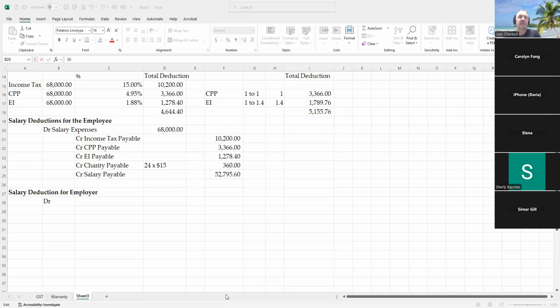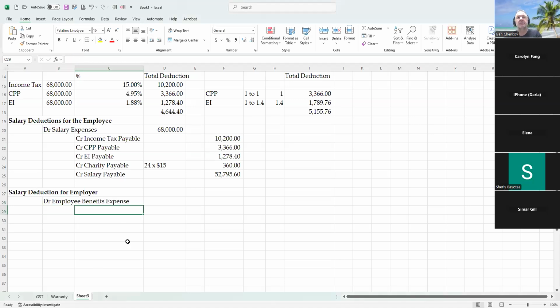Let's go one after another. In some of the questions, there's one question here, but no, that's for the payables. Yes, the right amount is employee benefits expense. That's the right definition for this amount. And then we start getting the credits.